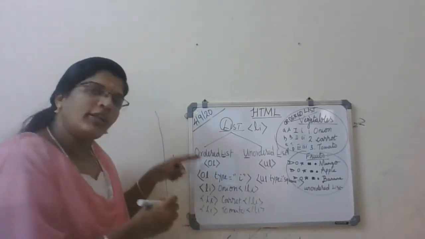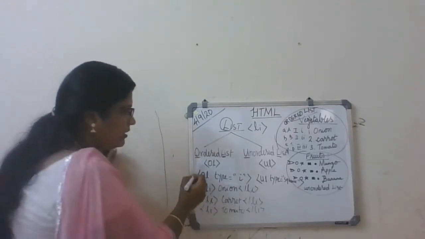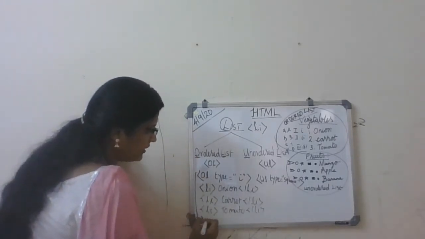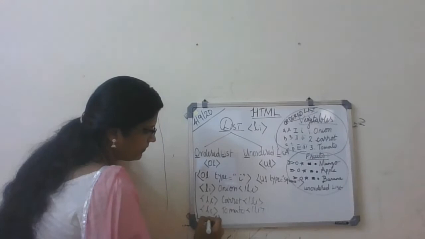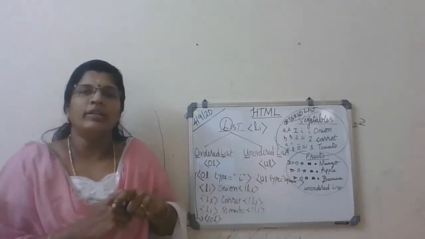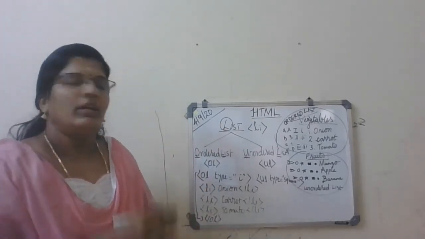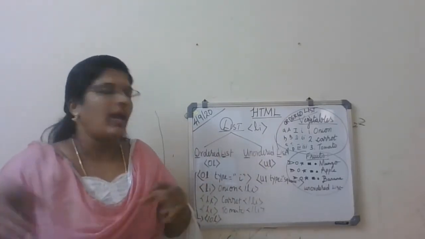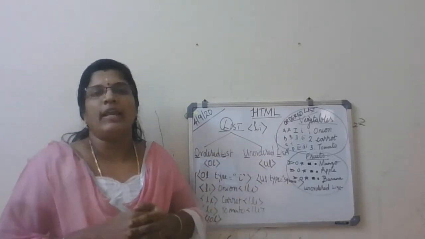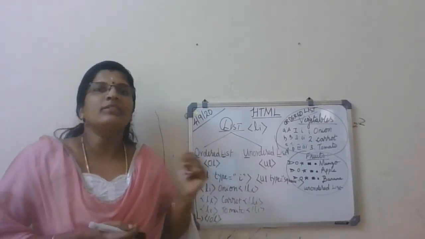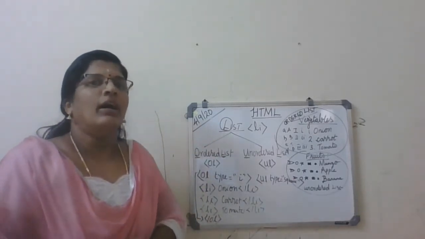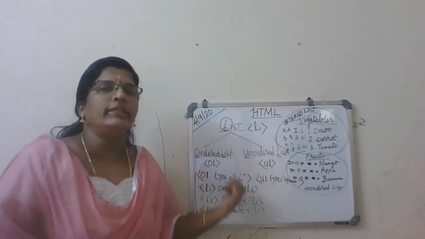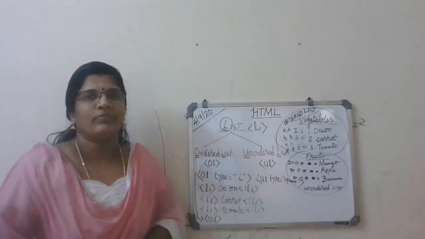Once you are completed with the list, then you have to close this ordered list. Here also the same. LI mango, close the LI. LI apple, close LI. LI banana, close LI. Got it? So this is the way we have to write an HTML program for ordered and unordered lists.